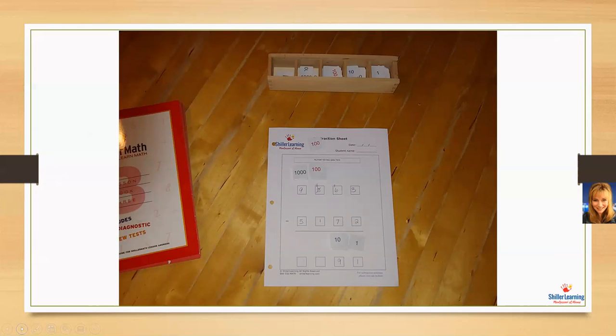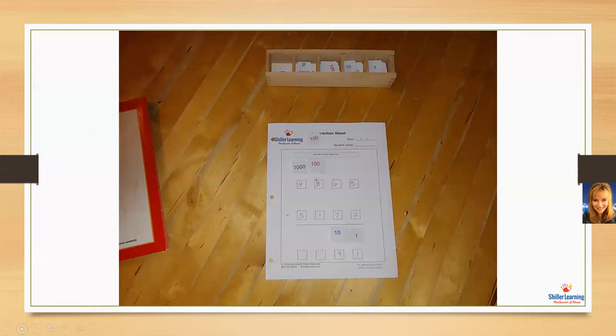So then we have 16 of the 10 tiles, and we're taking away 7, which of course we can now do, and then we're just left with 9 of those. So we mark down that 9 and move over to the hundreds column.